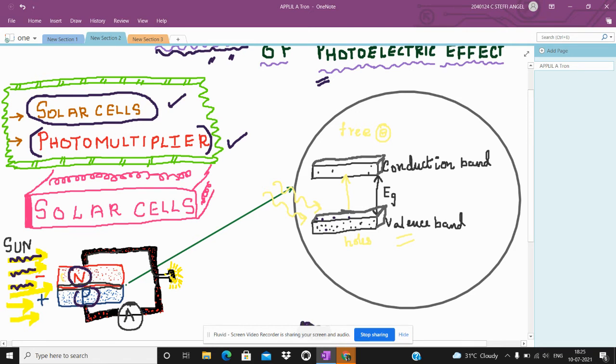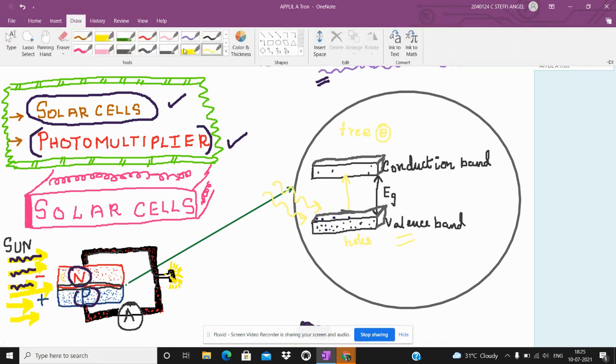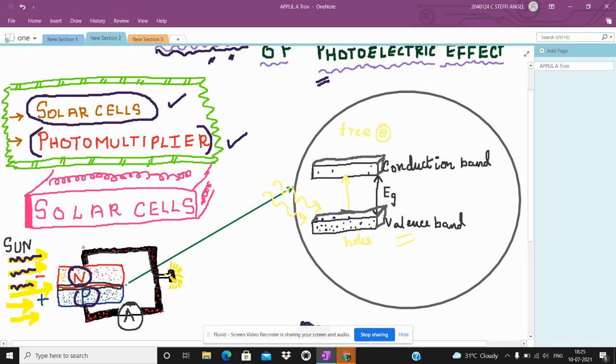So these electrons start flowing in the external circuit due to this electric field, and thereby we measure a current. This is a movement of electrons, and we do record a current.